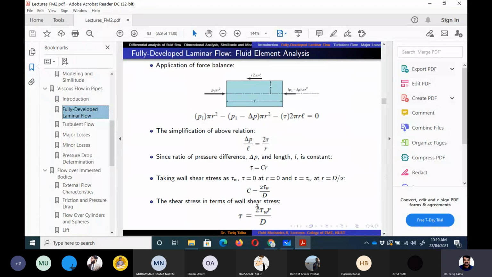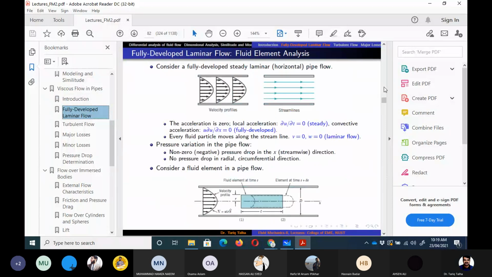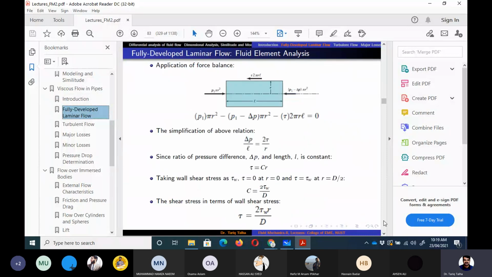And then we also discussed how to get the value of shear stress in terms of wall shear stress. Wall shear stress is the shear stress at the wall of the pipe. That is more important to us because the drag force on the fluid element would be determined by the value of this wall shear stress. So tau is equal to 2 tau omega r upon d.